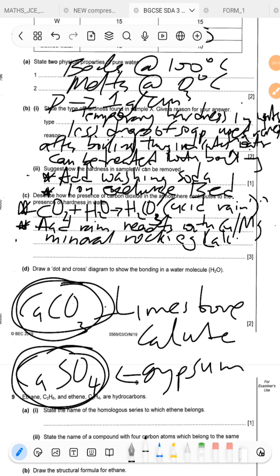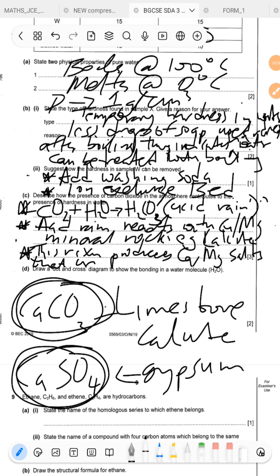This reaction produces calcium, magnesium salts that are responsible for hardness in water. Okay, so that is the explanation.